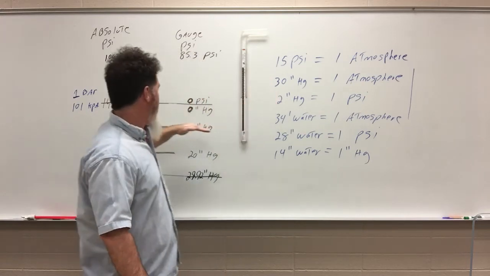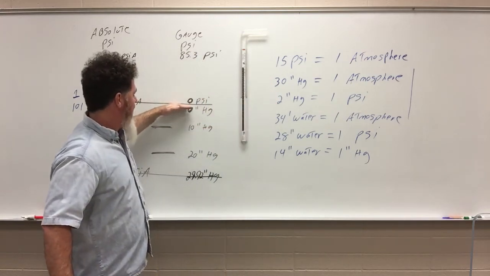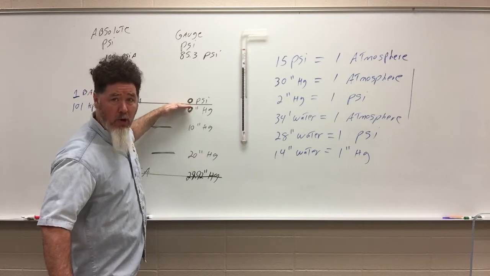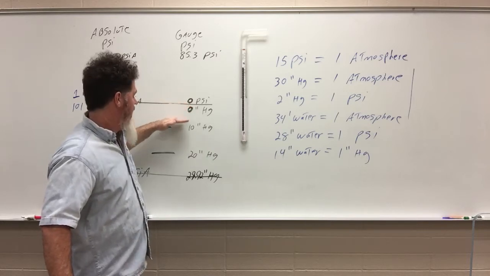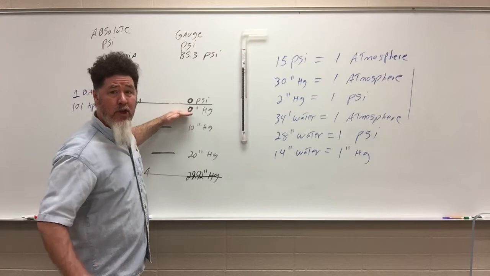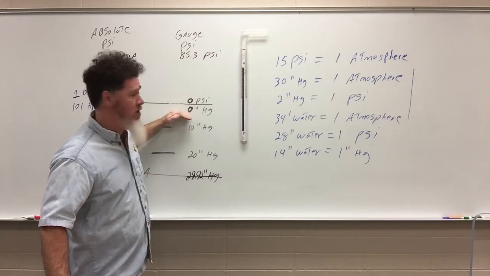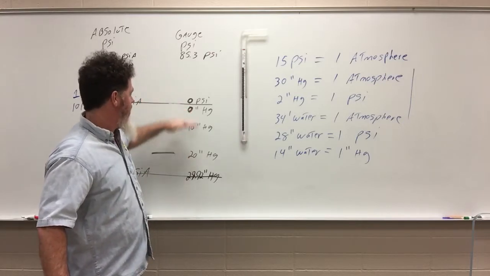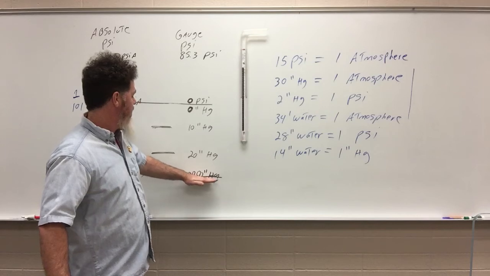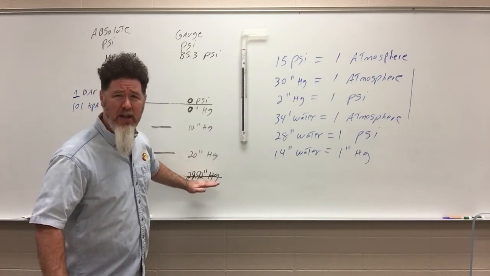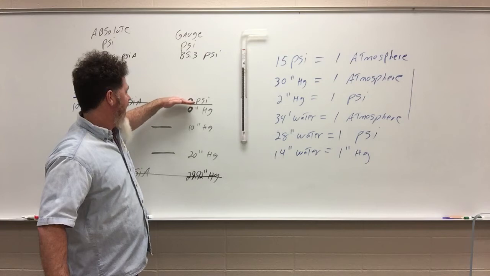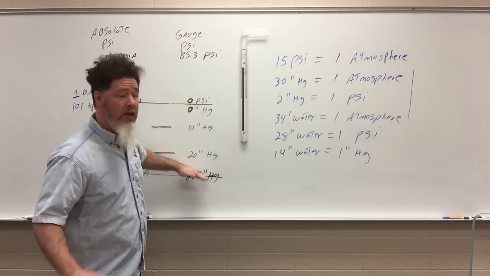When you start thinking about that, you have to realize that the mercury scale, or the vacuum scale in inches of mercury, is more precise. There are more units of measurement in the same range. If I go from a perfect vacuum, say 29.92, all the way up to atmospheric pressure, that's around 30.